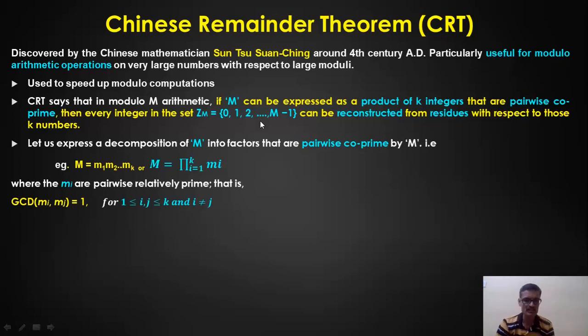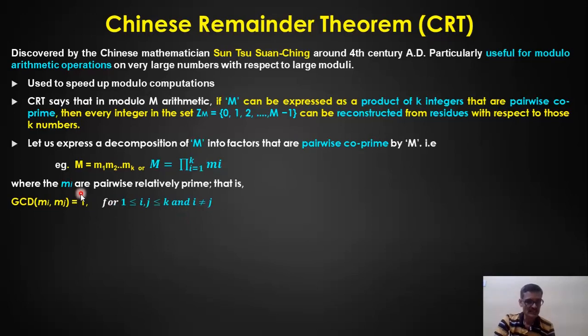So what is the meaning of this? We will understand now. The decomposition of m into factors that are pairwise co-prime: m can be represented as the product of k numbers, let us say m1, m2, up to mk. I decompose m into a product of k integers, or in short, I can represent it like this. This is the normal representation, you know it, right?